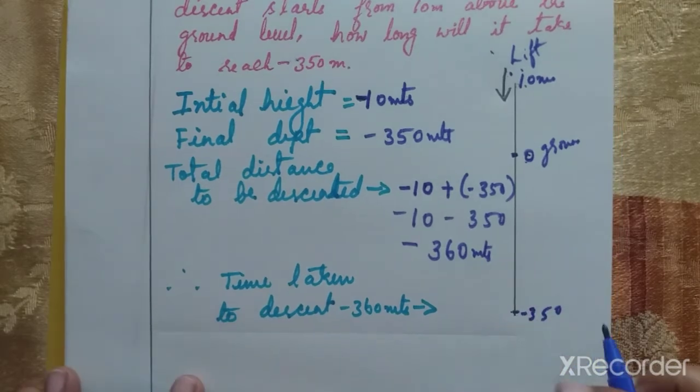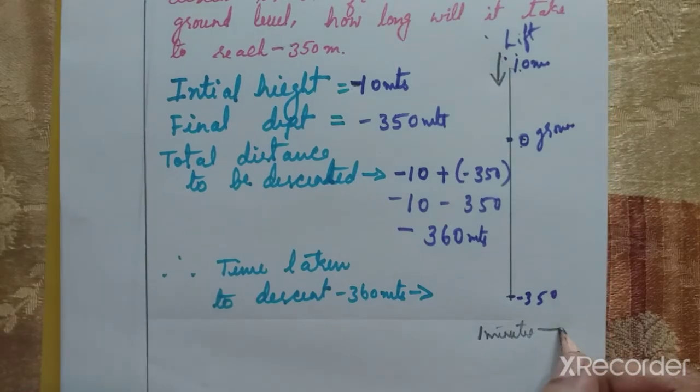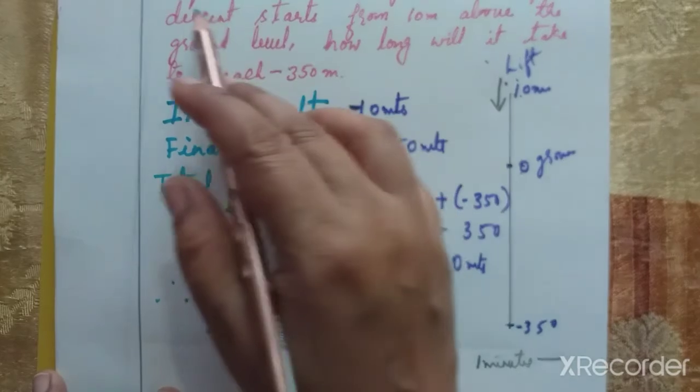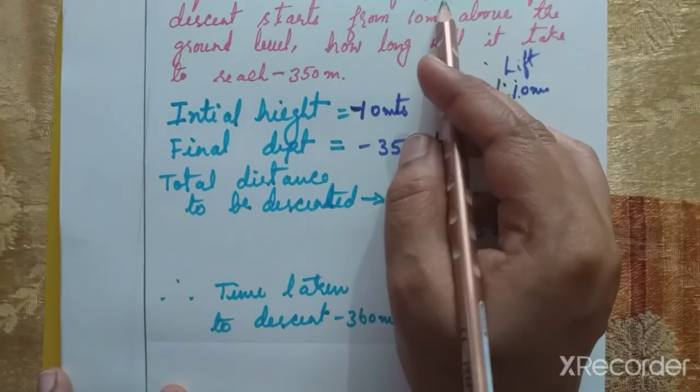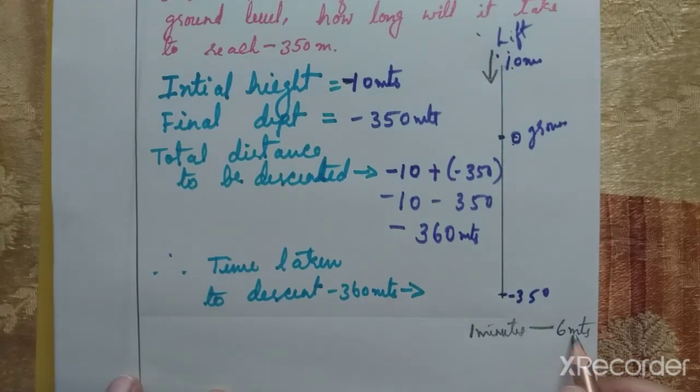So we know the lift goes into a mine shaft at the rate of 6 meters per minute. To cover 6 meters it takes 1 minute.